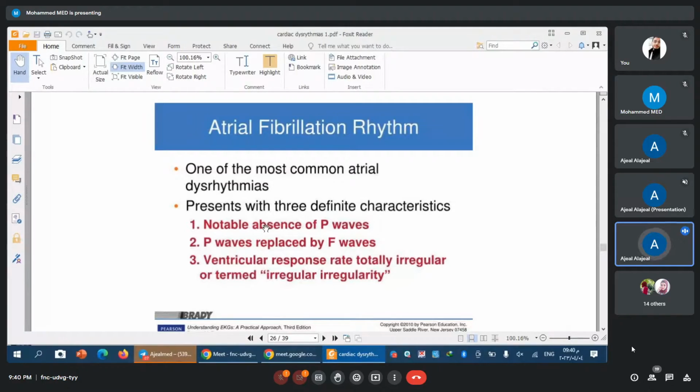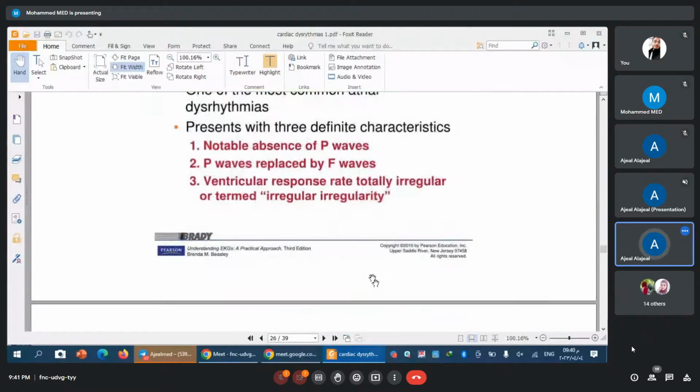There is absence of the P wave on the ECG. This is an important criterion. Instead of the P wave, you will get fibrillatory waves, and I'll show you an ECG of that. Okay, so the P wave is replaced by F waves. Ventricular response is totally irregular. That's why it is termed irregularly irregular. Next slide, please.